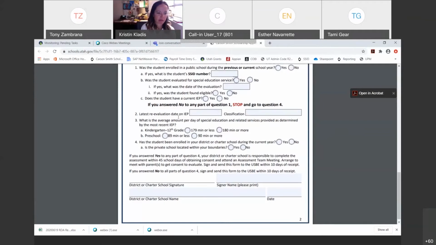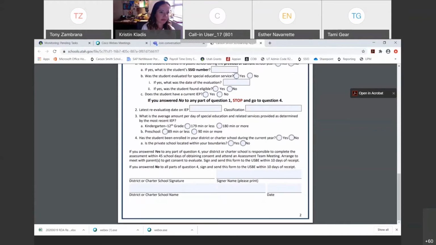If you answer no to C, then you stop and go to question 4. If yes, then you put the latest re-evaluation date on the IEP here, and enter the classification in this box. Then you move on to question number 3, which is: what is the average amount per day of special education and related services provided as determined by the most recent IEP?